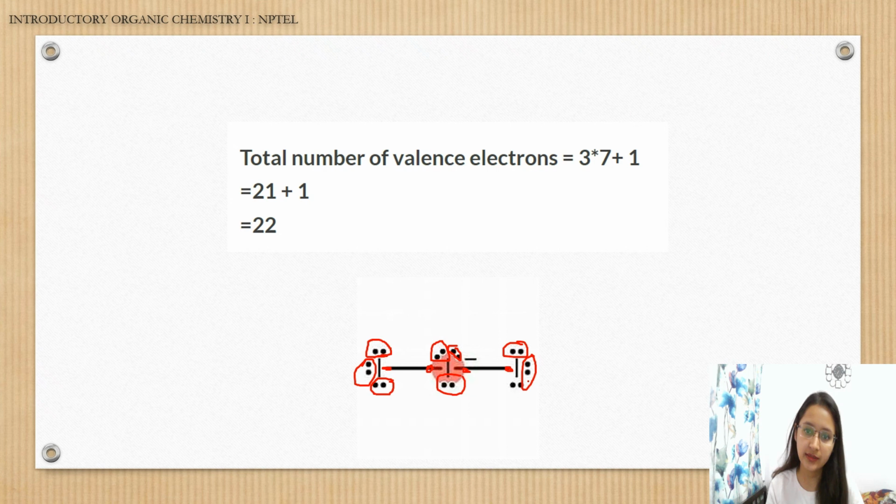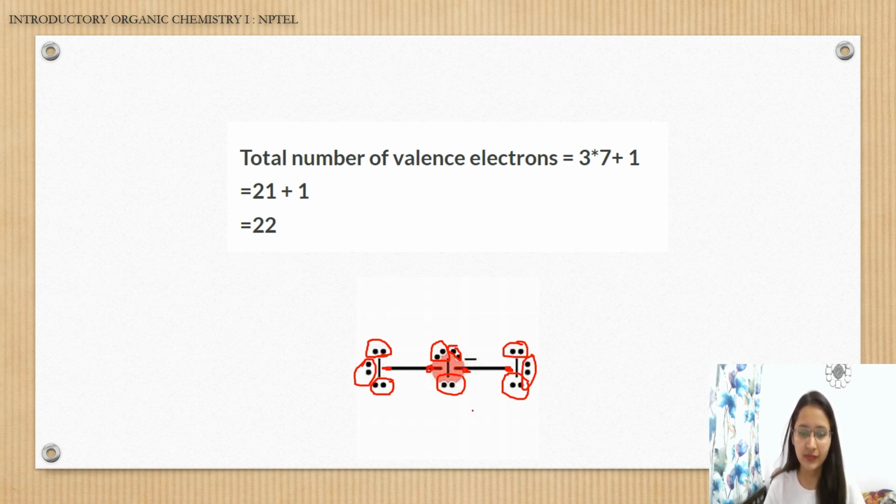This is also, this is also, and this. So these are the lone pairs of electrons that are present on I3 minus ion. Because the three iodine atoms are connected to each other by only sigma bonds. Two sigma bonds are present between them.